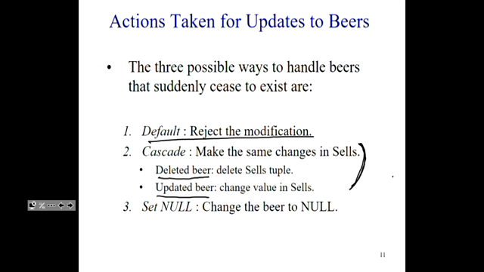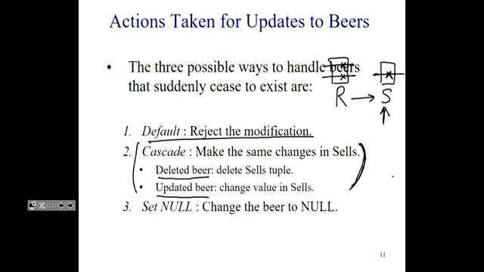This is known as cascade, because the updates to S cascade back to R. So once again, if you think of R and S, you make any changes to S. Let's say you go ahead and delete a tuple in S, the corresponding tuples in R will get deleted. If you change a value in one of the tuples in S, then the values in the corresponding tuples in R also get updated. Okay, so that's what cascade means.